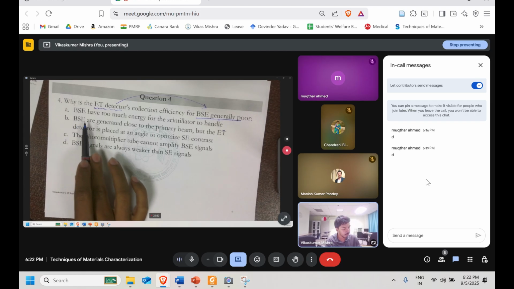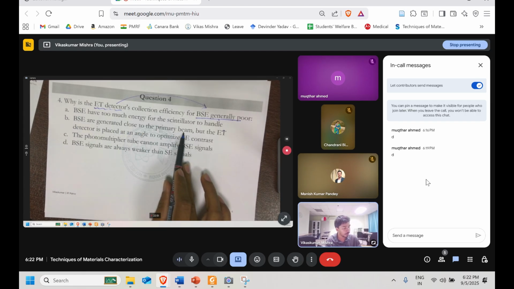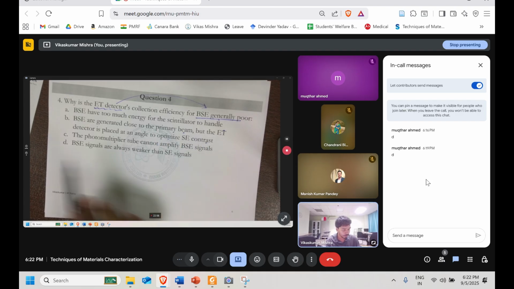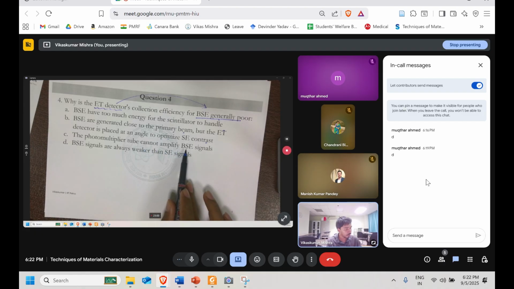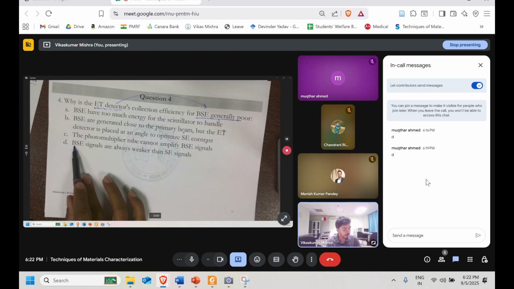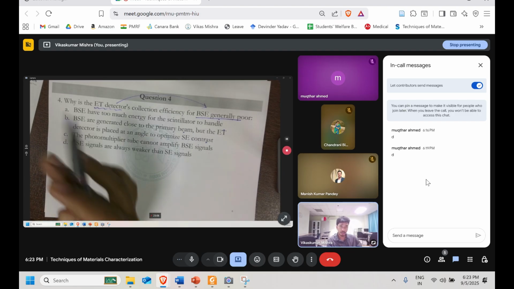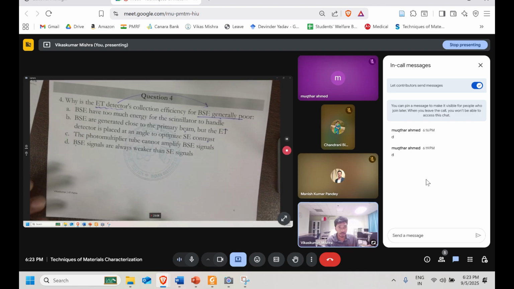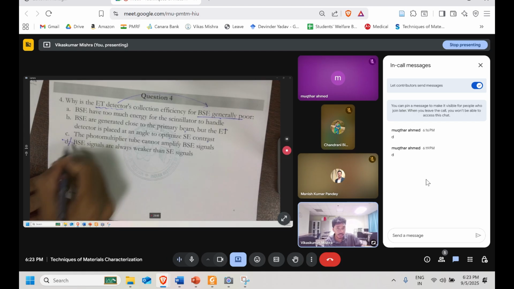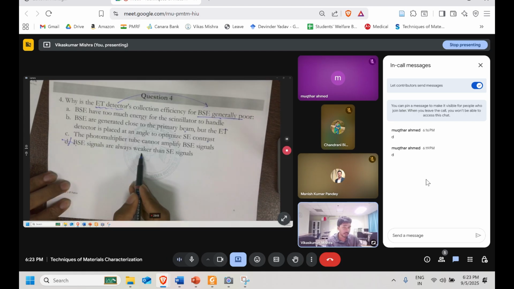Second, BSE are generated close to the primary beam, but the ET detector is placed at an angle to optimize SE contrast. Third, the photomultiplier tube cannot amplify the BSE signal. Fourth, BSE signals are weaker than the SE signal. Let's try to cancel out a few options. Fourth one we can cancel.